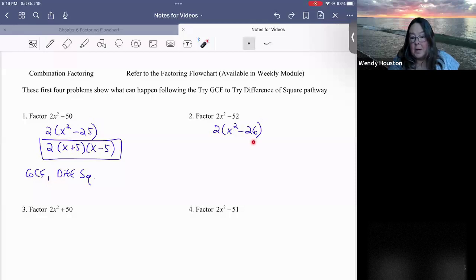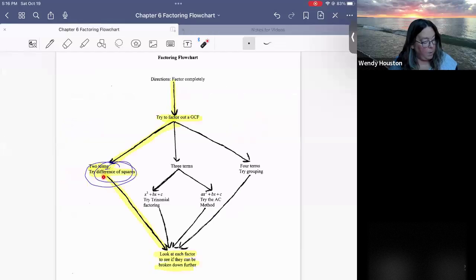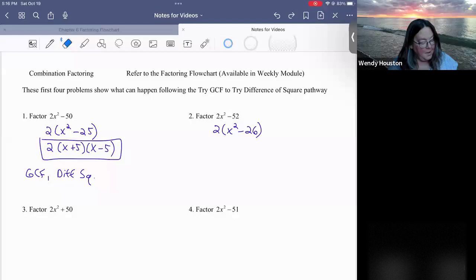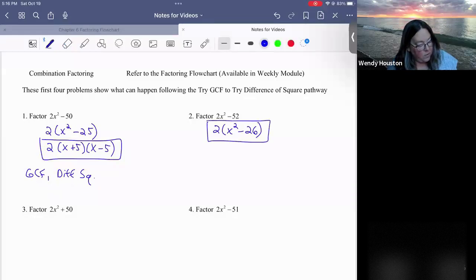But 26 now is not a perfect square, so we're not successful here, but we tried. This is all we can do. That is as far as we can factor that.